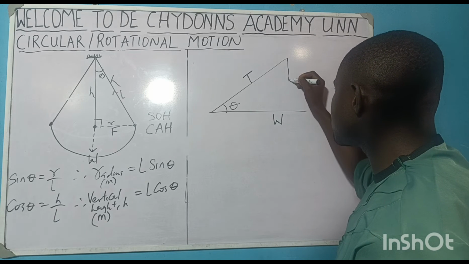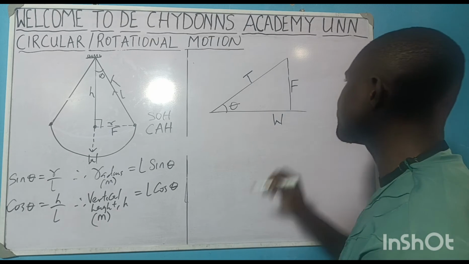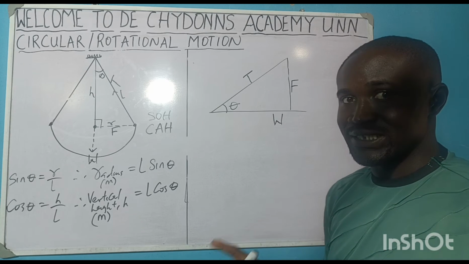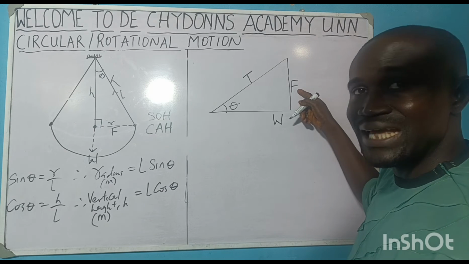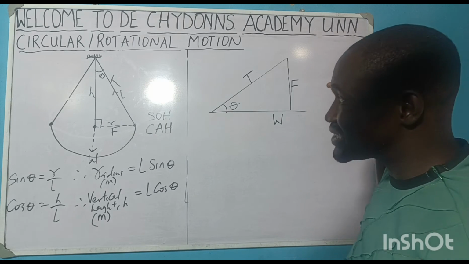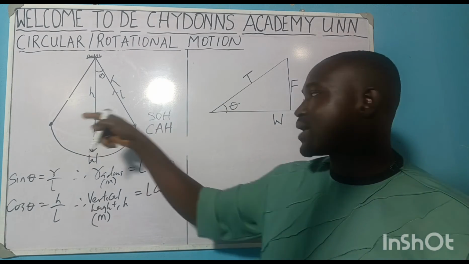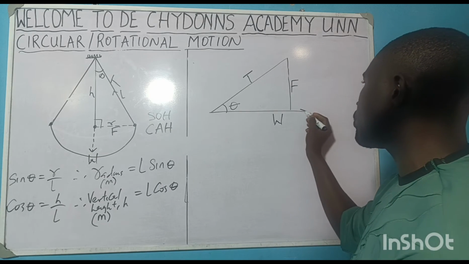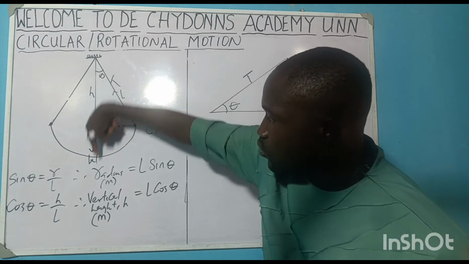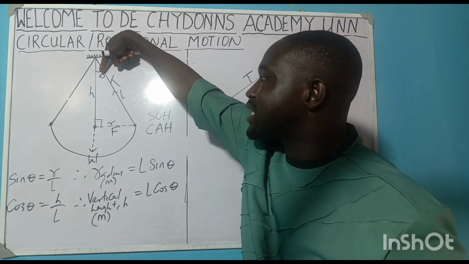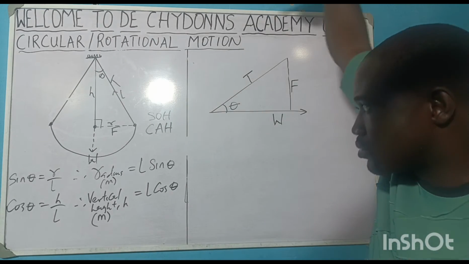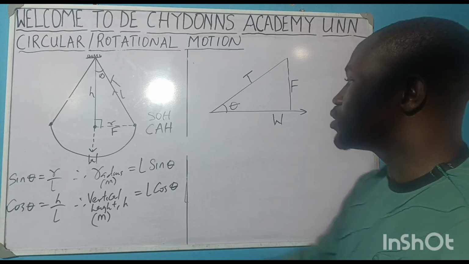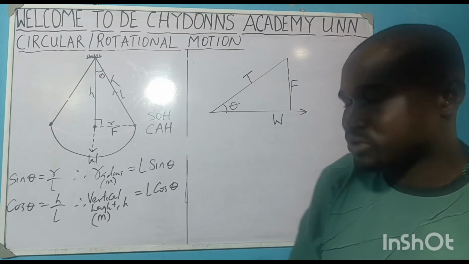Here is my F. These are forces: tension, the centripetal force, which is directed towards the center, and the weight of the body, which is this one. The weight of a body is always directed downwards.